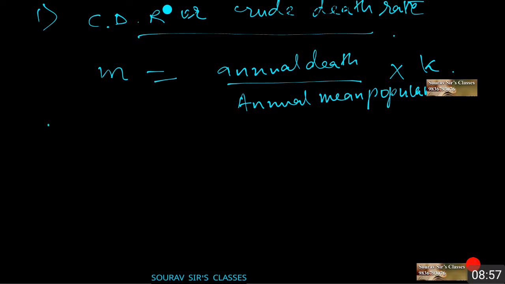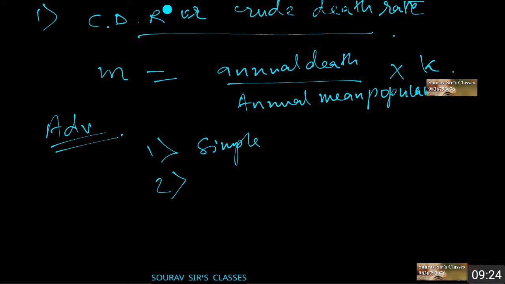Now we will read about the advantages of using CDR or crude death rate. The first advantage is that it is simple to understand and calculate. The second advantage is CDR is perhaps the most widely used of any vital statistics rate. As an index of mortality, it is used in numerous demographic and public health problems.